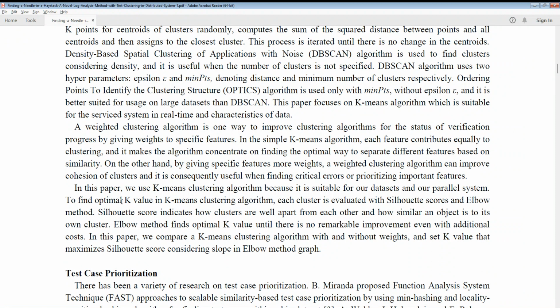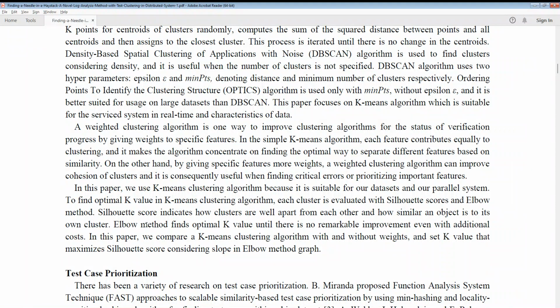To find the optimal K-value in the K-means clustering algorithm, each cluster is evaluated with silhouette scores and the elbow method. The silhouette score indicates how well apart clusters are from each other and how similar an object is to its own cluster.